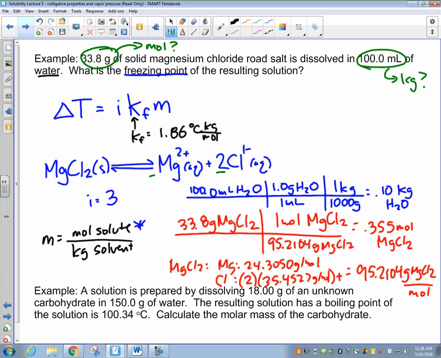And at this point, we can go ahead and plug in all of these values into our equation for the change in temperature.